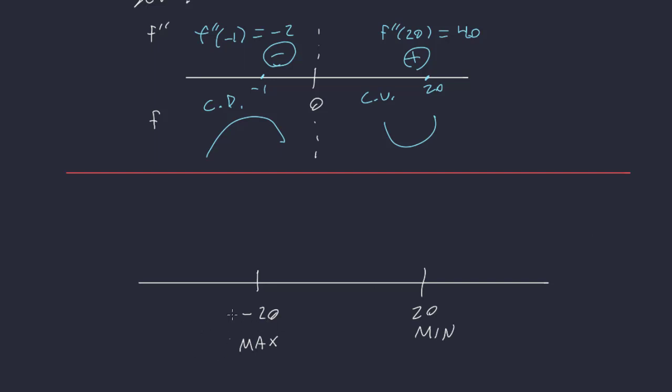That means that f, right, goes from, for a max, increasing to decreasing, and for the min goes from decreasing to increasing. So this actually gives us our intervals of increase and decrease for f. Okay? So it turns out that the second derivative test, if we can apply it, gives us a lot of information just right off the bat.